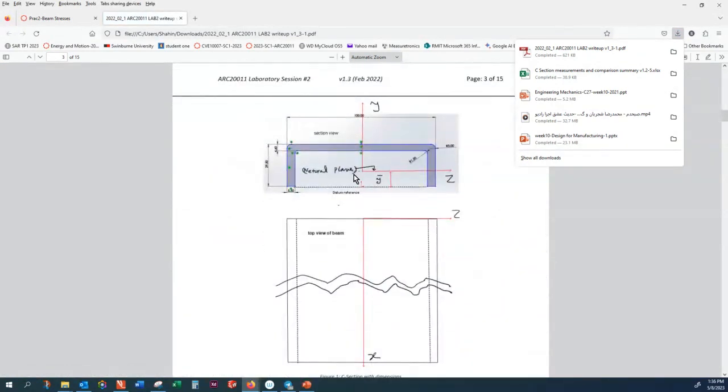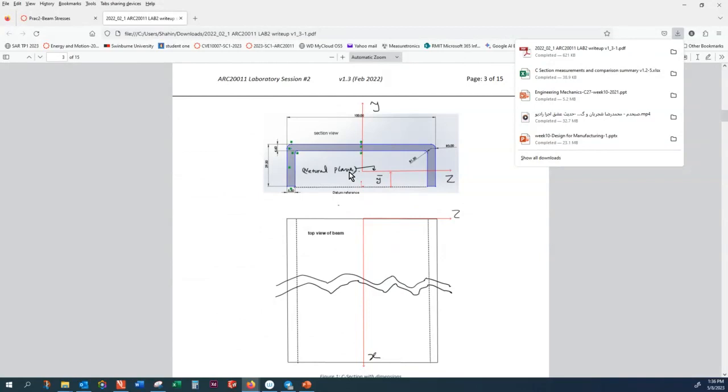Here is the cross section. For this cross section, what you need is the neutral plane. That's a composite section. How do you calculate it? You find how far the neutral plane is from the datum. This is the datum.